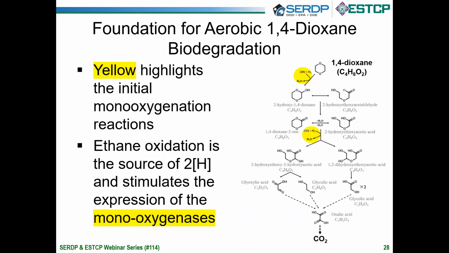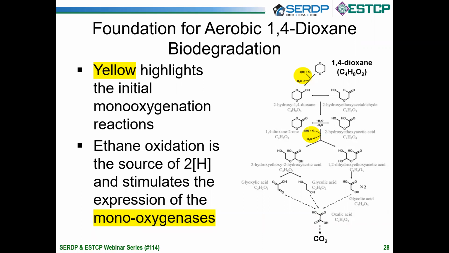Now here's the scientific foundation for the second step, the aerobic biodegradation of 1,4-dioxane. This has been fairly well studied, so there's no mysteries here. So it's a biological reaction, and you can see there's a lot of steps on it, but the key ones are the ones that are highlighted with yellow.